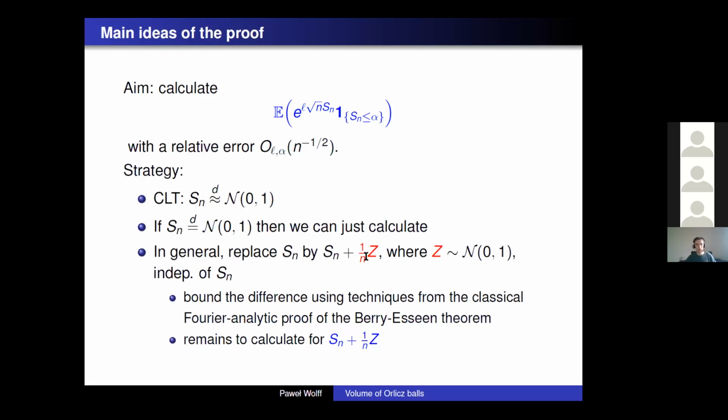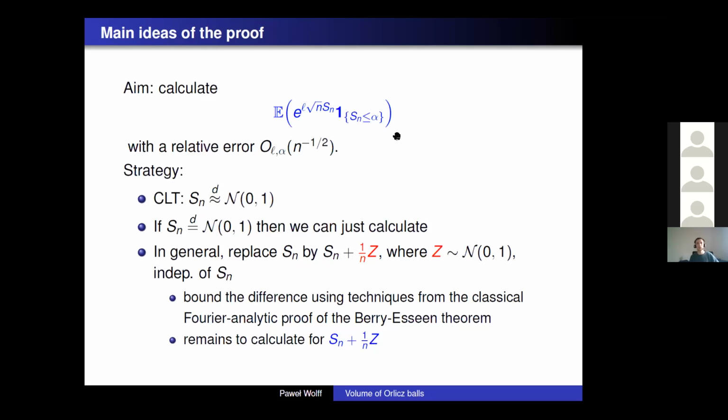We'll see in a minute what the reason for that is exactly. By doing that, we'll need to do two things. Finally we'll boil down to calculating this expectation for Sn plus Z divided by n, this regularized version instead of Sn itself. But then we'll need to compare the two, the original one with the smoothed one.